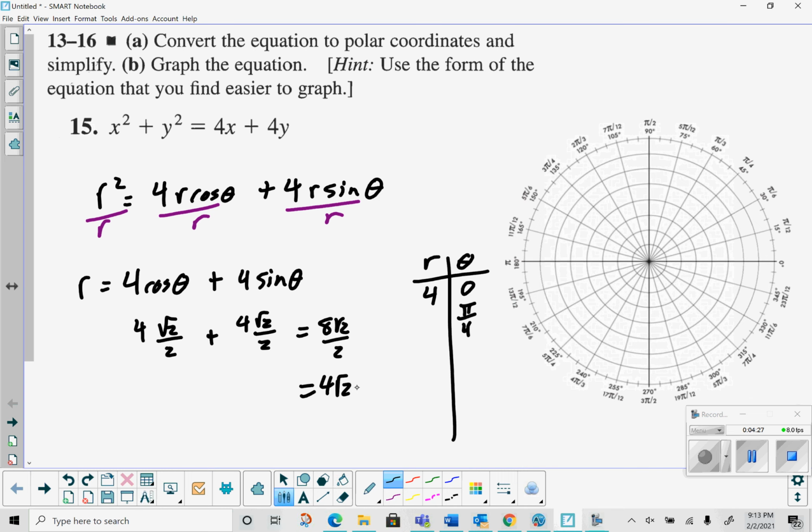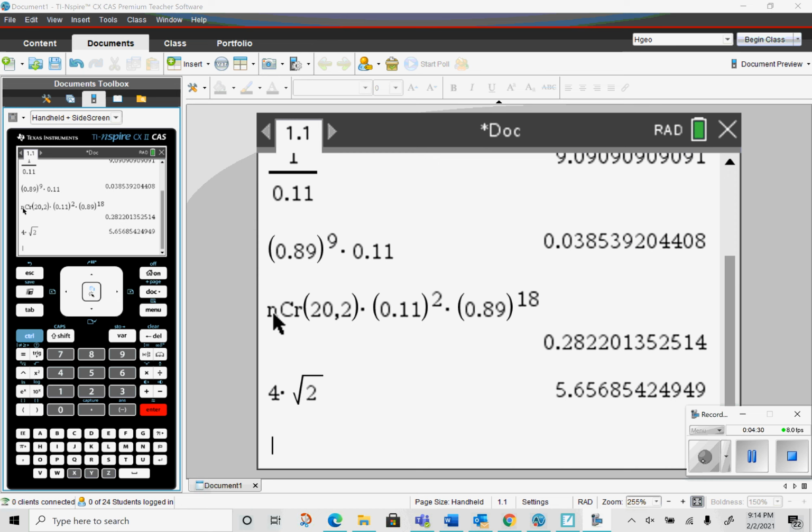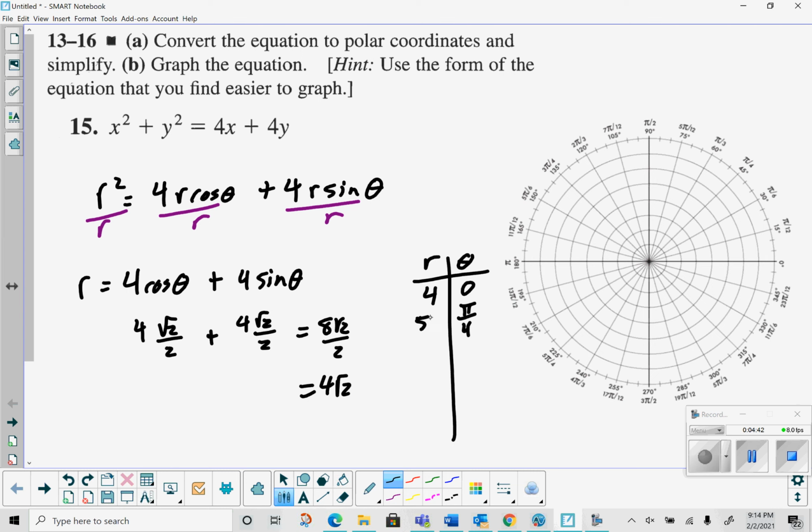Gonna have to do some conversion on that. So again, I'm attempting to graph this, so I want the decimal approximation. 4 times the square root of 2 will give me about 5.7. Try pi over 2. The cosine of pi over 2 is 0. The sine of pi over 2 is 1, so I'll get 4.